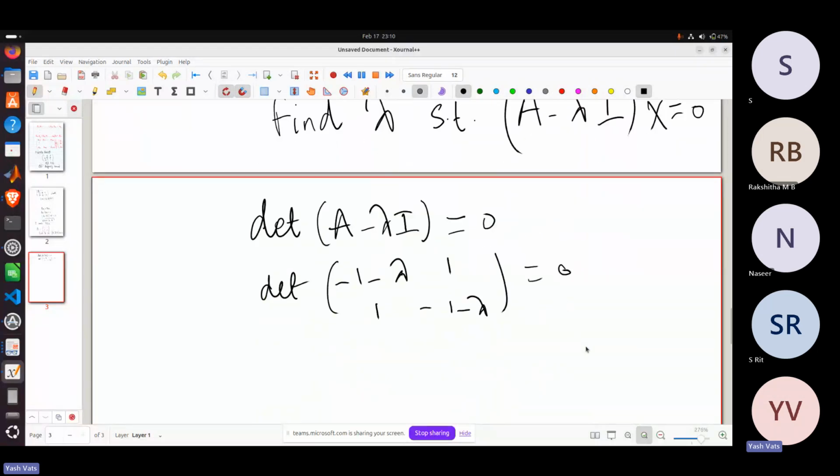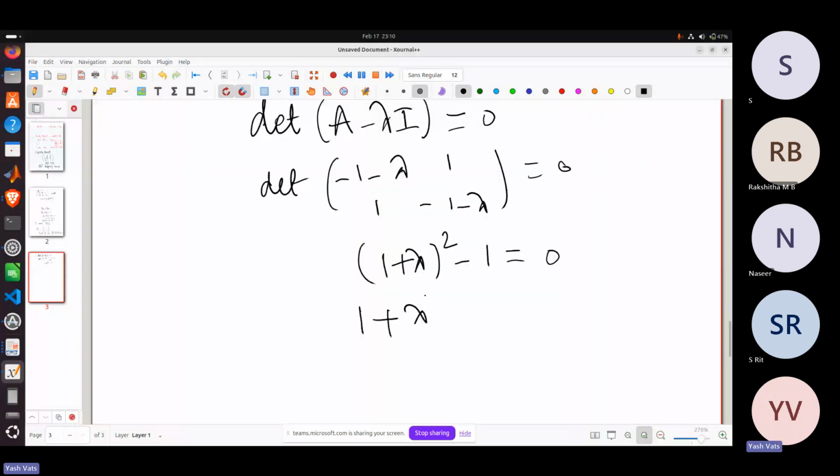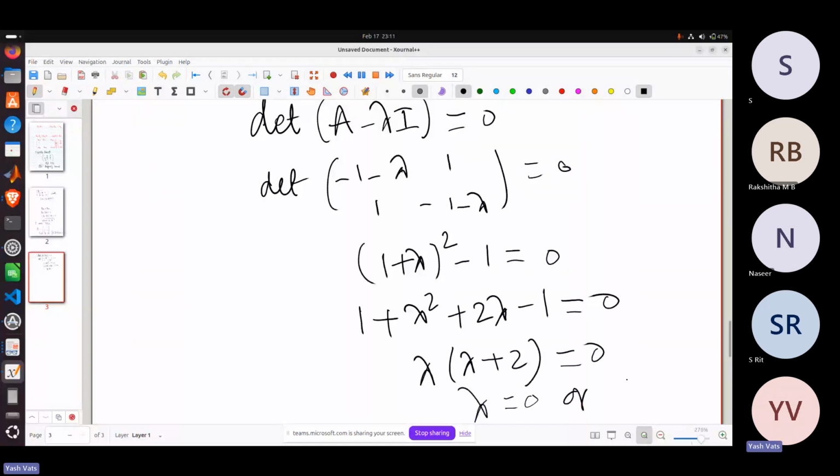So it's (1 plus lambda) squared minus 1, which is 1 plus lambda squared plus 2 lambda minus 1 equals 0. Lambda times (lambda plus 2) is 0. Lambda is 0 or lambda is minus 2.